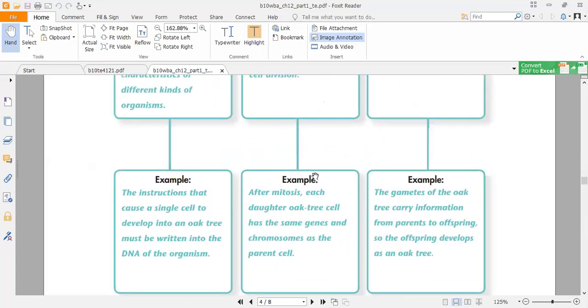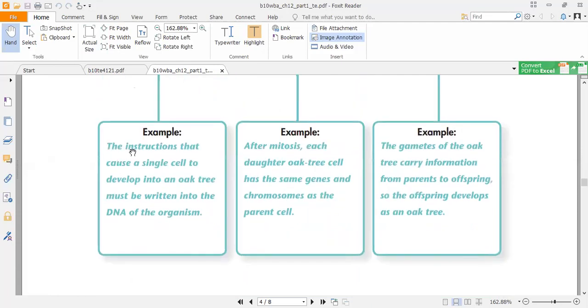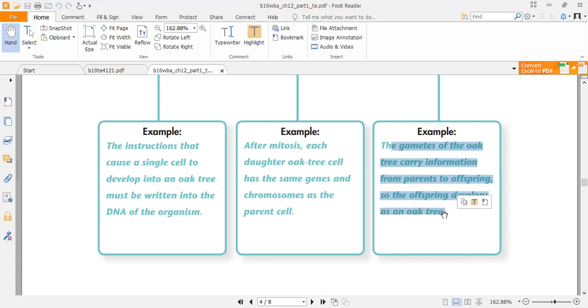Examples for storing the information: the instructions that cause a single cell to develop into an oak tree must be written into the DNA. After mitosis, copying the information, daughter cells have the same genes as parent cells. Examples of transmitting the information: the gametes of the parent oak tree carry information from parents to the offspring, so the offspring develops as an oak tree.